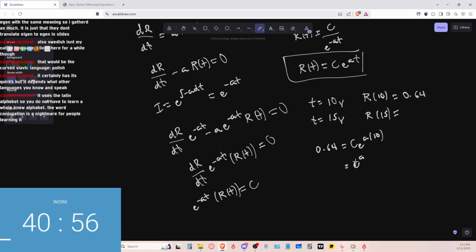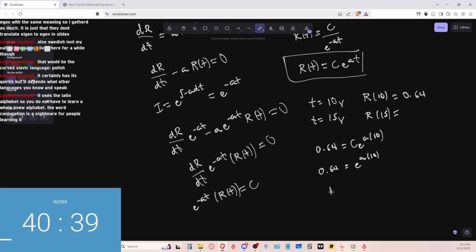I guess that's what we have to do, because it says 64%, so we'll just make it 1 then. That way we just solve for A. I mean, that works.